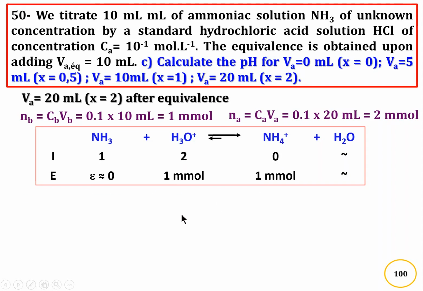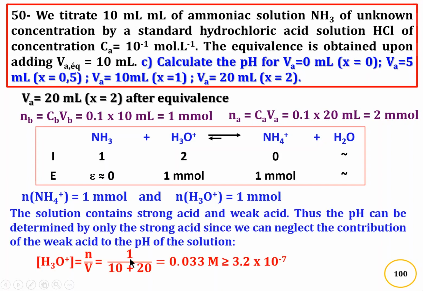1 millimole. So in the new solution, we have two acids, one strong and one weak, of close or equal concentration or quantities. So HCO plus will determine the pH of the solution, and pH equals minus log of the HCO plus concentration in the solution.